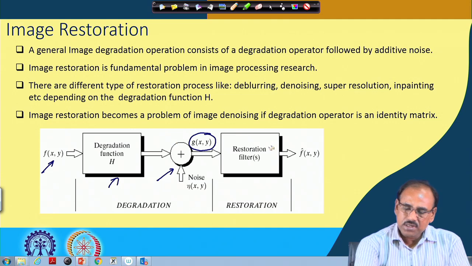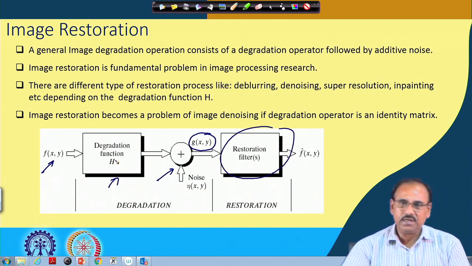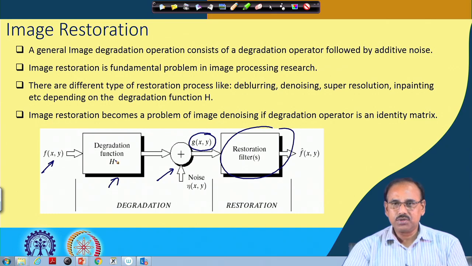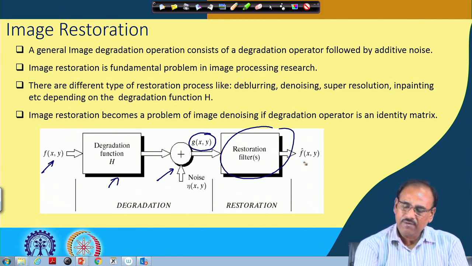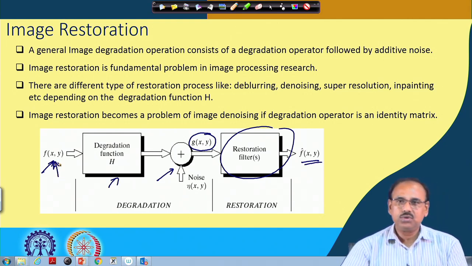So, the purpose of this restoration is to remove this noise and the degradation, and in classical image processing there are various techniques for performing this task. This is what is known as restoration. The purpose of restoration is that I want to have an output image which is very close to my original input image f(x,y).